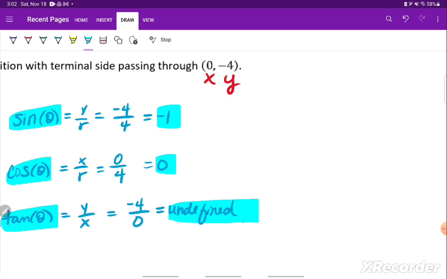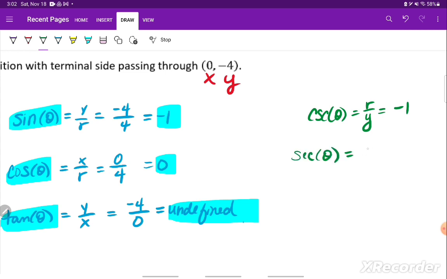We'll find our 3 other reciprocal functions. The reciprocal of sine is cosecant, defined r over y. And the reciprocal of -1 is -1. The reciprocal of cosine is secant.